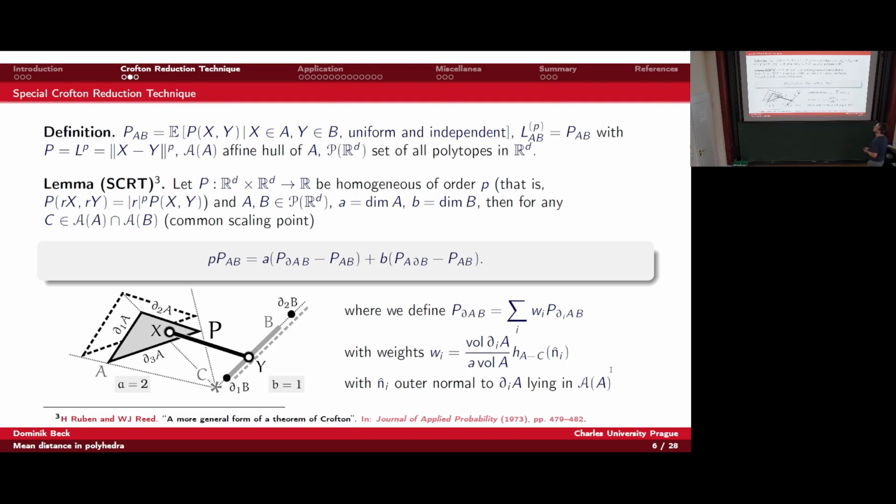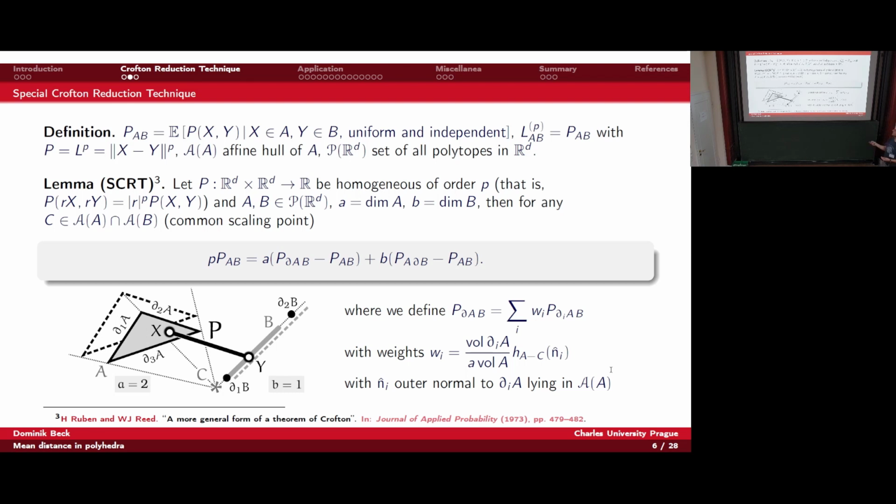So imagine you would like to calculate some mean value of some function p, which is dependent on 2 points, where one point is chosen from some body A, and the other one is selected from a body B. Then if there are some conditions satisfied for this function p, the only condition in fact is homogeneity, which means that p scales with some parameter, so it looks like a distance to the power p. For example, now your p function scales with a factor of p.